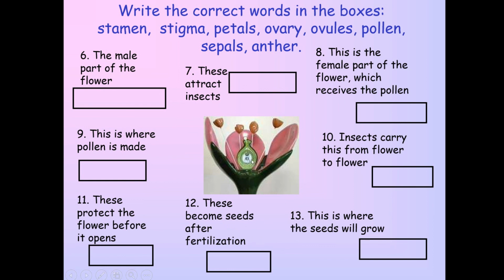Number 12, becomes seeds after fertilization. How do you call this? And number 13, this is where the seeds grow. How do you call this? Inside the ovary, the seeds will grow in this portion. How do you call it?